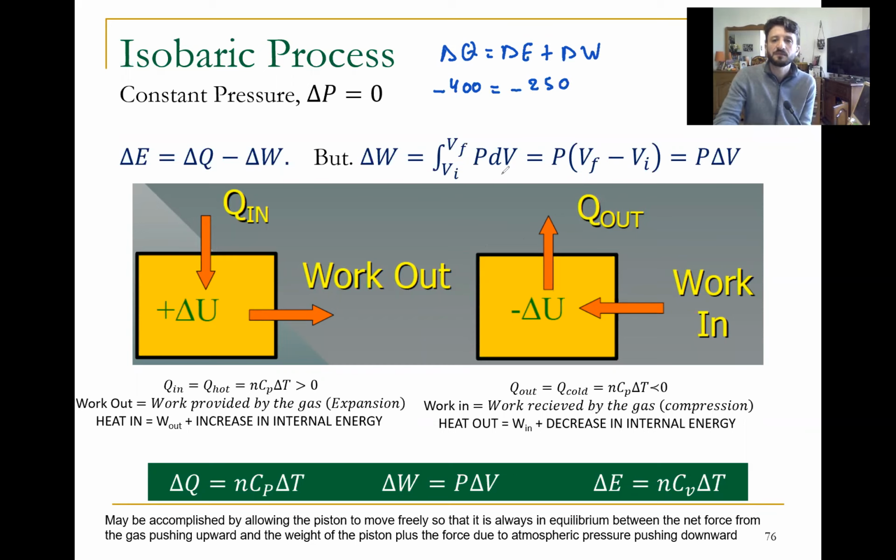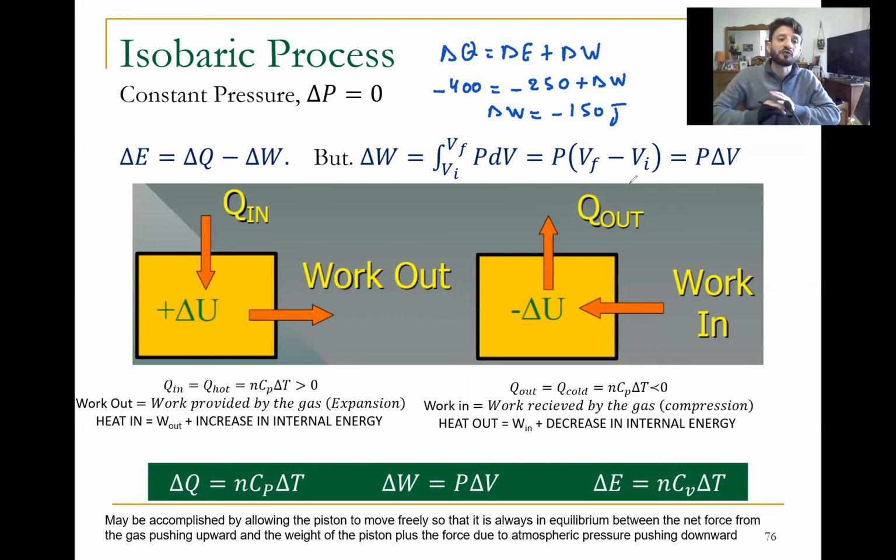It's an example. In this case, we have a decrease of volume. If I calculate the work, it equals minus 400 plus 250, equals minus 150 joules. What I mean is we have a negative value of work. It means we have a decrease of volume. If the work is negative, the volume will decrease.